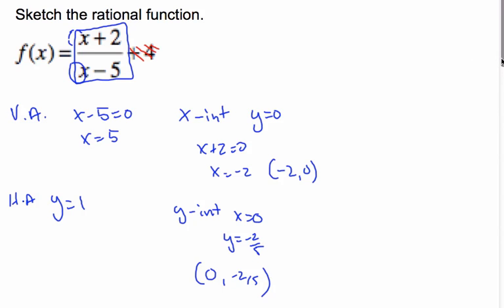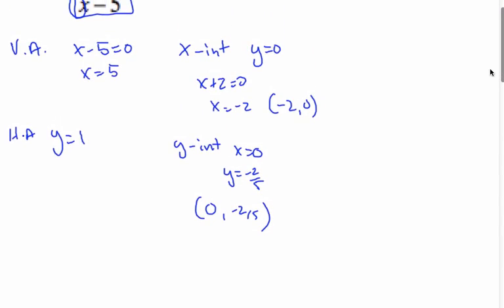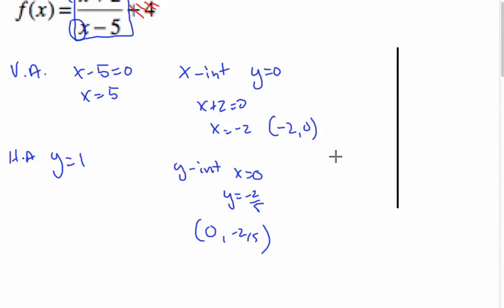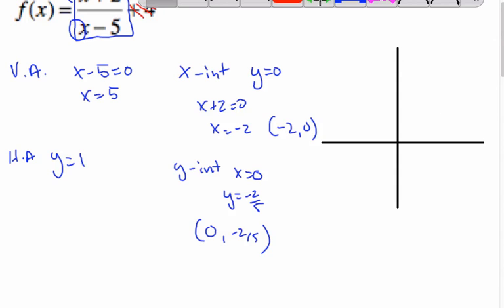So now I can start to get a sense of what this graph looks like. Let's put on some lines here, and we'll put on some asymptotes. We'll put on y equals 5, about here.